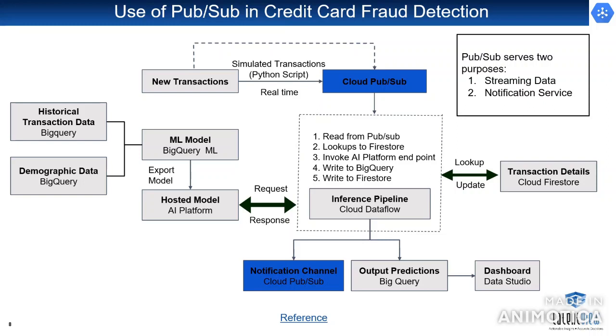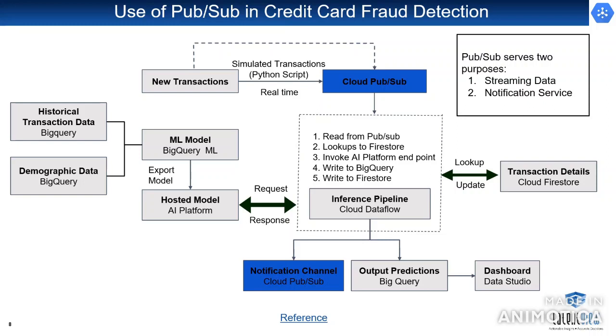And so as and when a new transaction comes, it will invoke the AI Platform, and the prediction will occur whether the transaction is fraudulent or not. Whatever the prediction is, the output will be returned to the BigQuery output table.